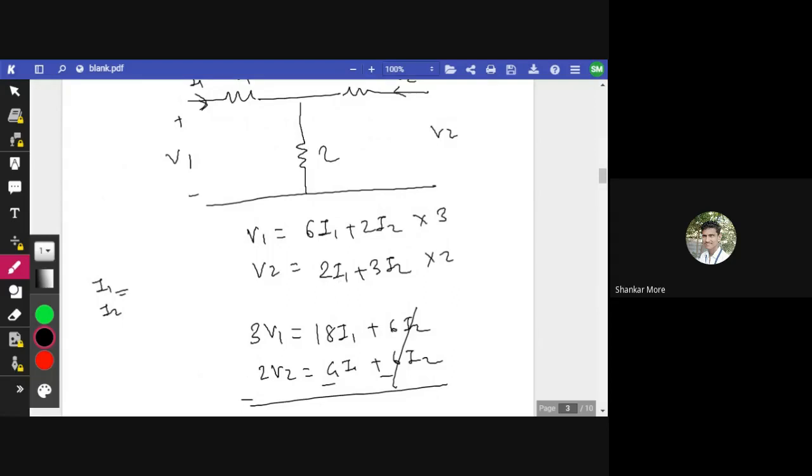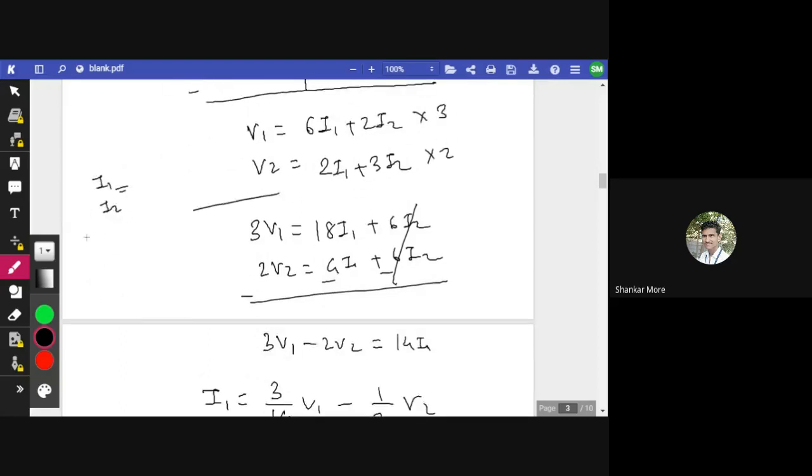So how do we eliminate I1? For that we can multiply the second equation by 3. V1 is equals to 6 I1 plus 2 I2, and multiply this complete equation by 3. So 3V2 is equals to 6 I1 plus 9 I2.